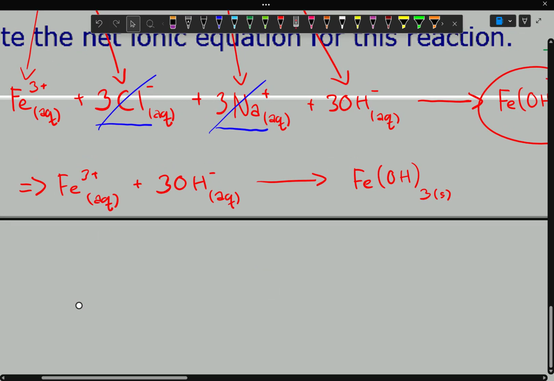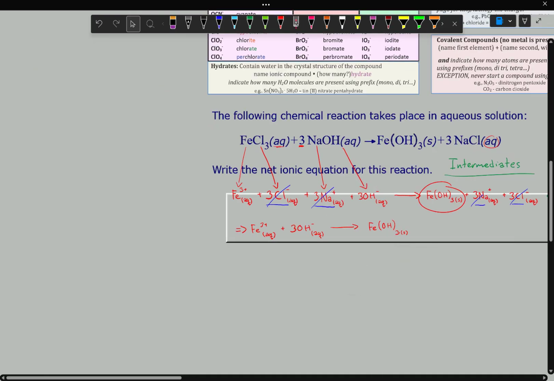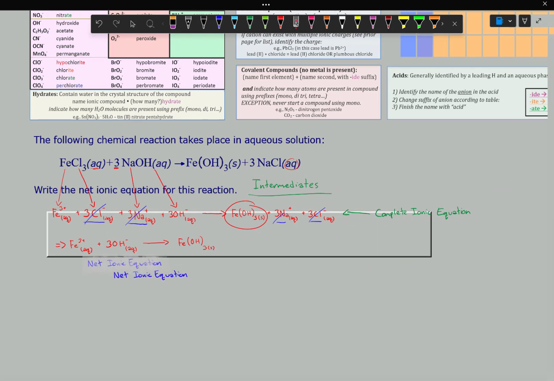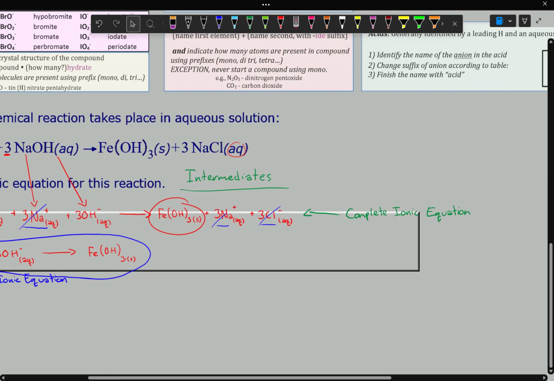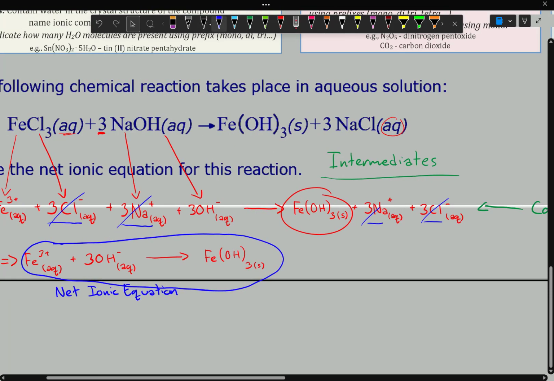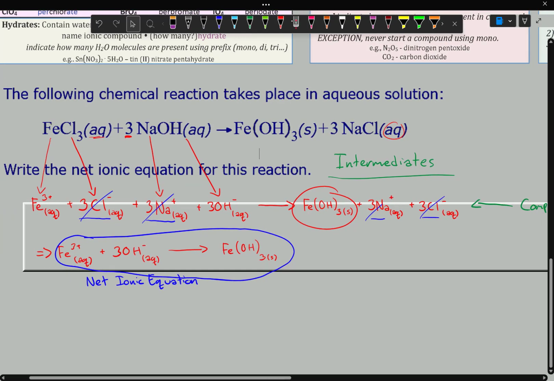And so what you have here, this equation with the intermediates removed, is the net ionic equation. So this is our answer. One thing, just a quick note: you split up the ions for all the aqueous terms in the equation. You leave the solid as is. You don't split the solid.